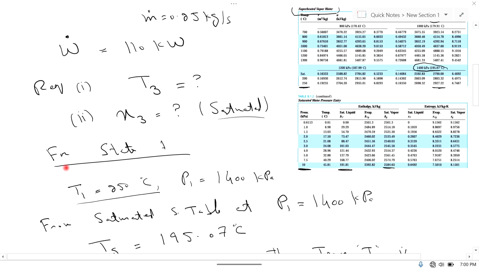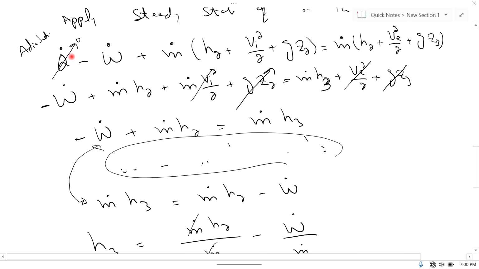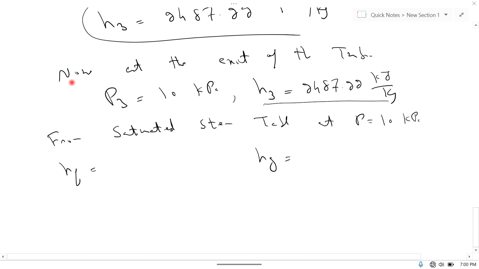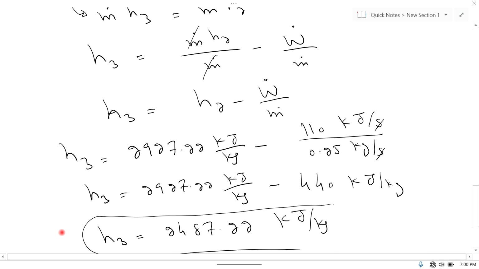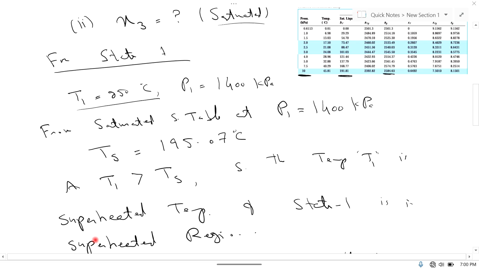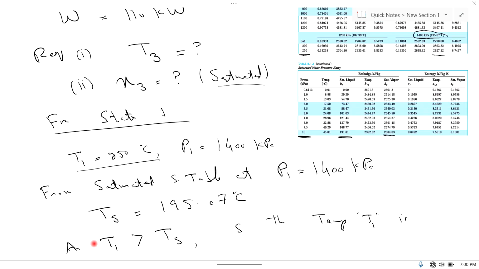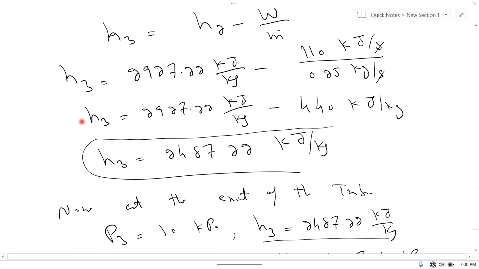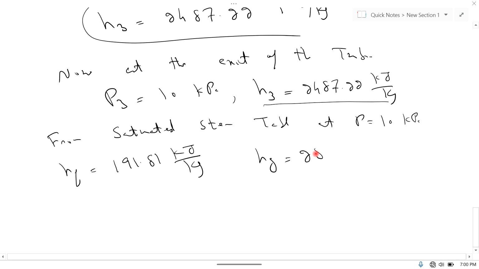Hf is equal to 191.81 kilojoule per kilogram, and Hg is equal to 2584.63 kilojoule per kilogram.